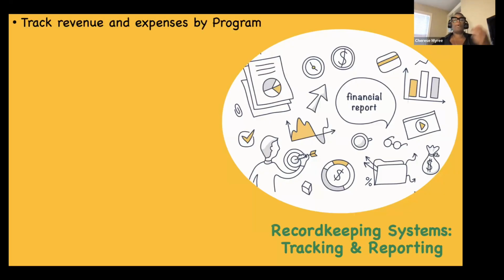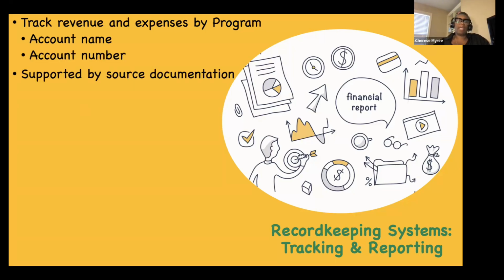So, the importance of record keeping systems and tracking and reporting data: it allows you to track revenue and expenses by program. You can do that by listing the account name or the account number. When it comes to Georgia Pre-K, what we would expect to see if you have an automated system is something that has Georgia Pre-K as a separate program, either by account name or number in your system.